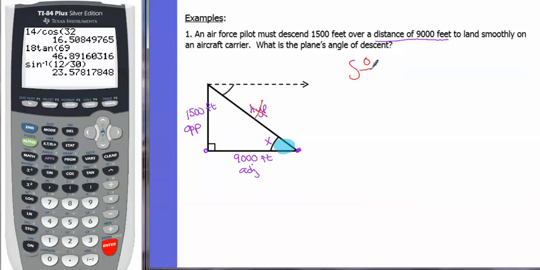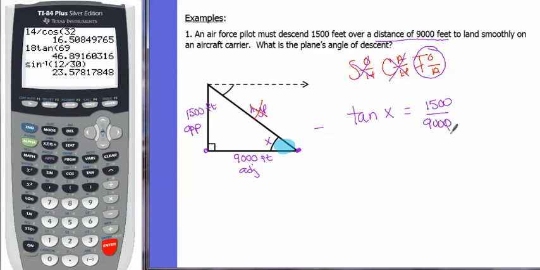So if I'm looking at TOA, I'm going to cross out the H. And so I know that I'm picking TOA. So tangent of what? What angle did I pick? I picked X equals opposite, which is 1500, over adjacent, which is 9,000.